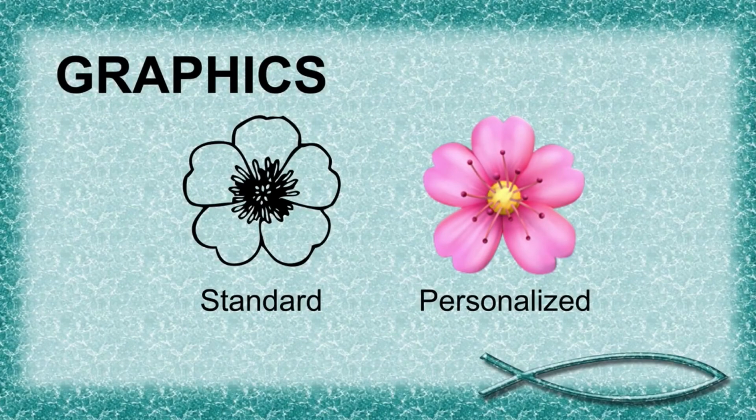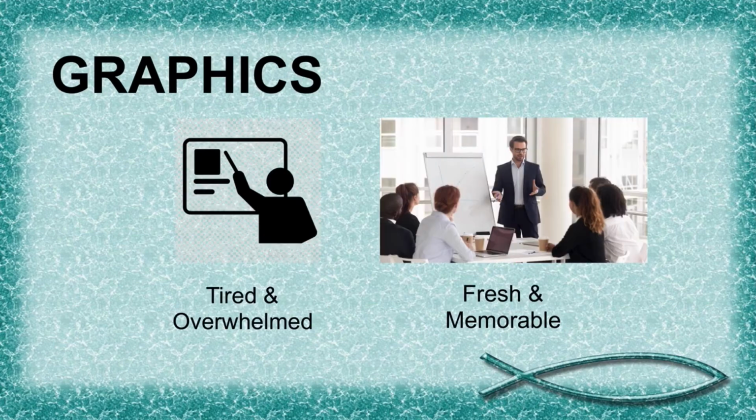So we have graphics. There are two types of graphics. We have the standard and the personalized graphics. This is an example of standard and personalized graphics. We have here standard graphics, which is stale and overwhelming, and we have this personalized graphics, which is fresh and memorable.